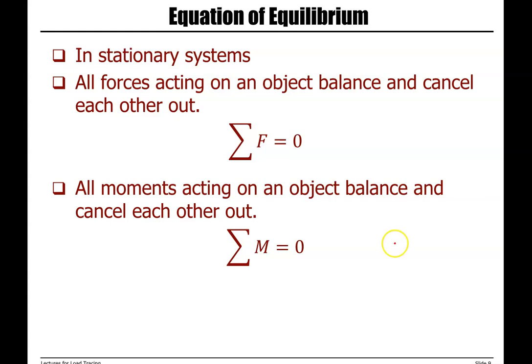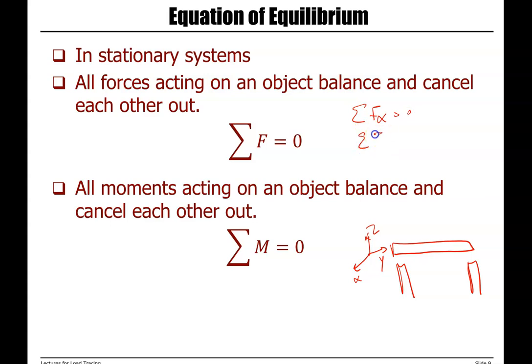So if we have a beam which is in equilibrium, it means that the sum of forces in all directions is equal to 0. The sum of moments in all directions is also equal to 0.